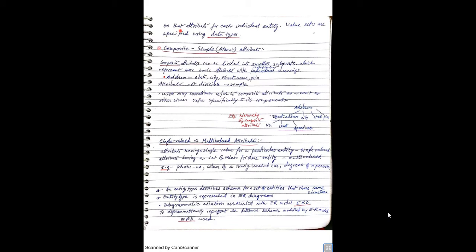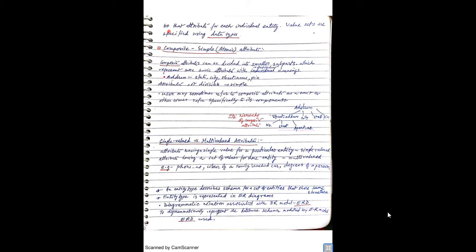So each simple attribute of an entity type is associated with a value or a set of values that can be assigned to that attribute for each individual entity.